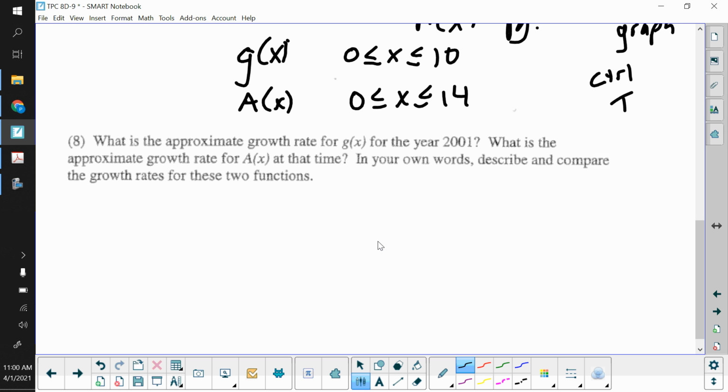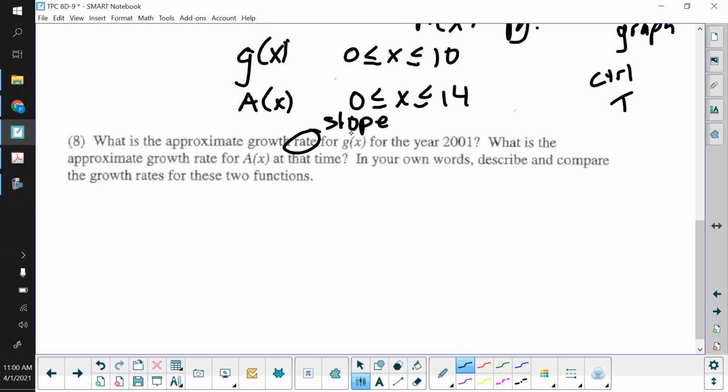All right, so in 8, we want to know the approximate growth rate in the year 2001 for each of them, g of x and a of x. They didn't specify table here, and notice they're saying g of x and a of x, so that means the equations. Rate means we want to do a slope.